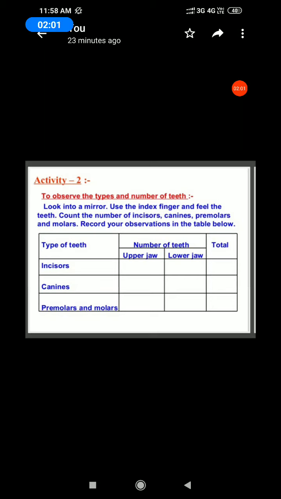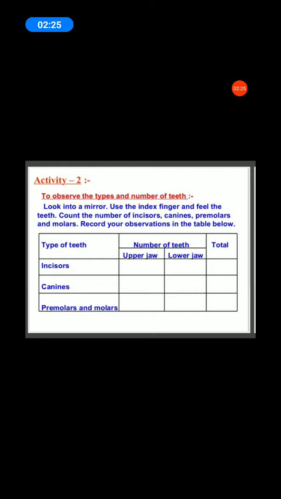Listen, take a piece of an apple or bread and eat it. Which teeth do you use for biting and cutting? And which one for piercing and tearing? Also find out the ones that are used for chewing and grinding. Record your observation in table 2.2.